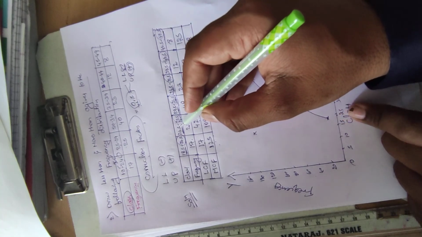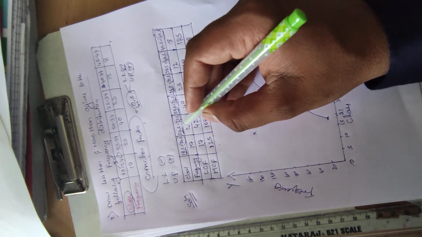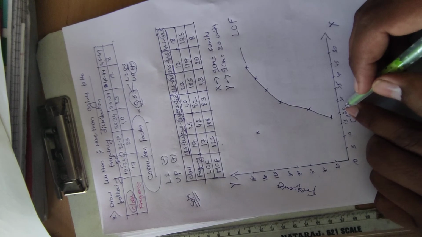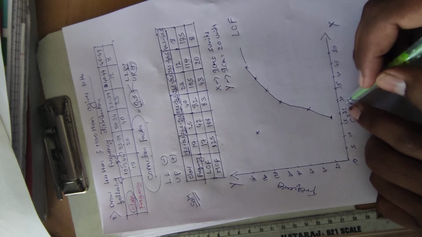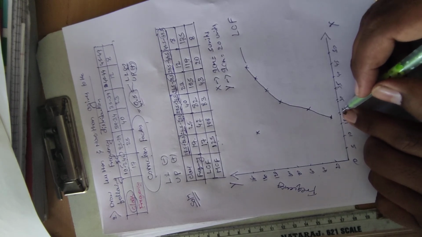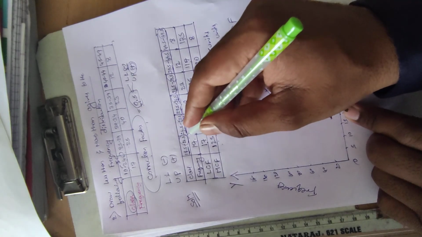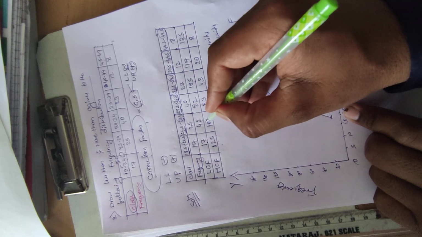Lower limits we have to select. Okay students, 24.5, the value in MCF is 108.